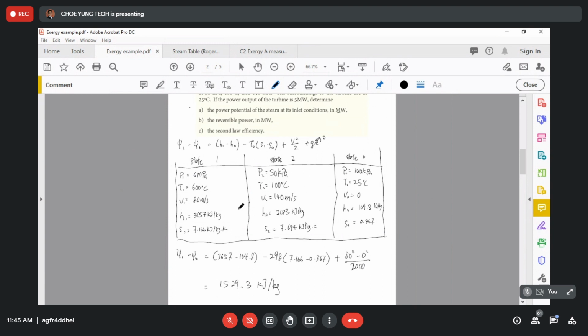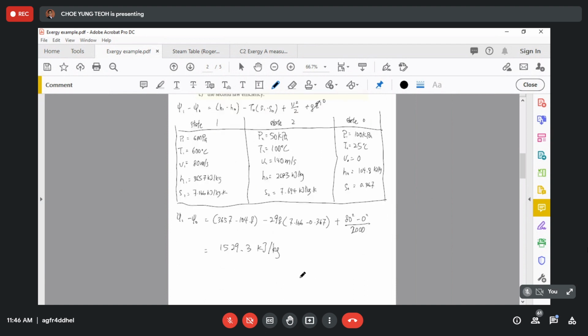But we haven't completed it yet. You can see that the question asks for the power potential of the steam at inlet condition in megawatt. So how do I convert from kilojoule per kg to megawatt? I need to multiply with the mass flow rate, then only can I get the megawatt.